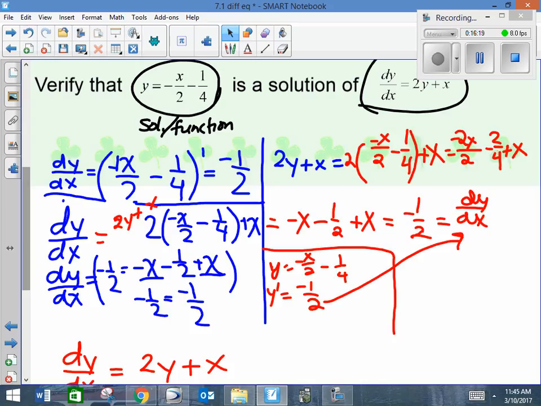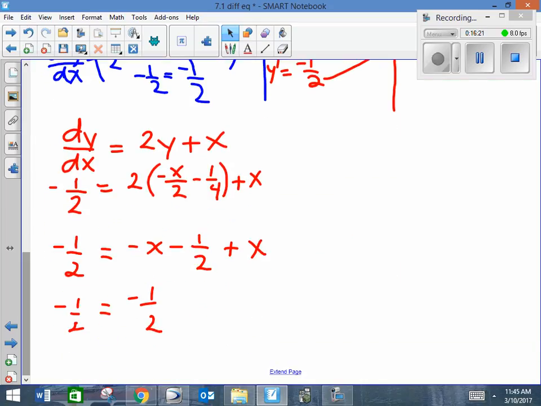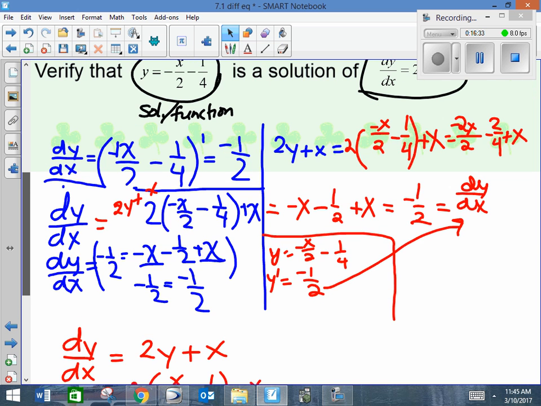Not so clear here, but if you do it like this, dy dx equals 2y plus x, clearly because negative 1/2 equals negative 1/2. So you've got to connect the dy dx to the 2y plus x. If you don't do that, you haven't verified. That's what verification is: connecting dy dx to 2y plus x.